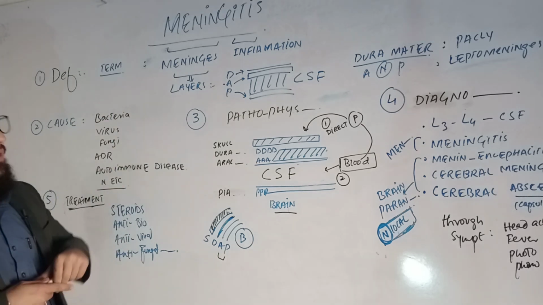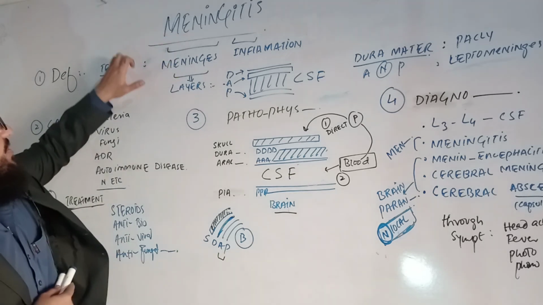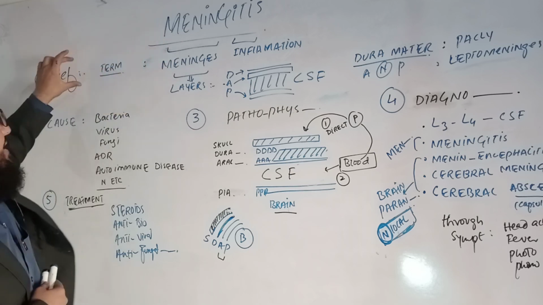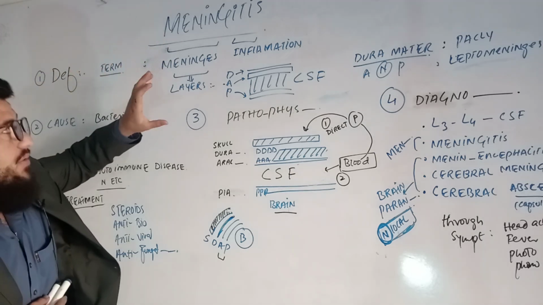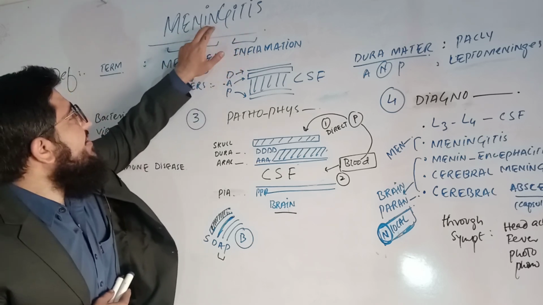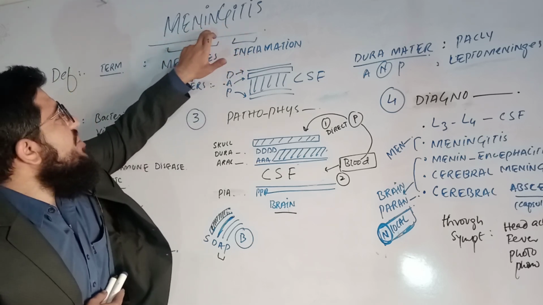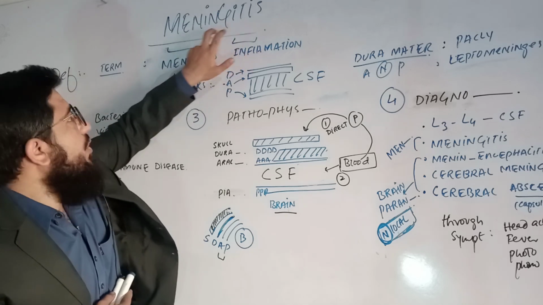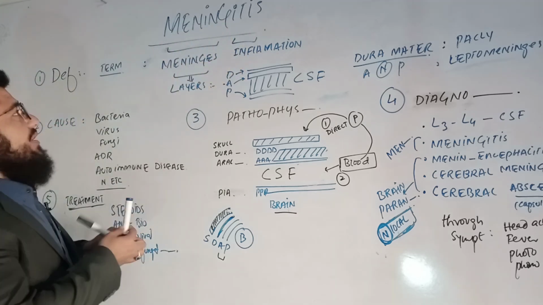Very simple. From the term, we will define meningitis in a very simple way. Just go through this term, meningitis, and split this term into two. So we got two terms. One is meninge, another is itis.